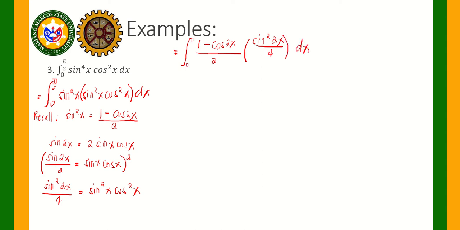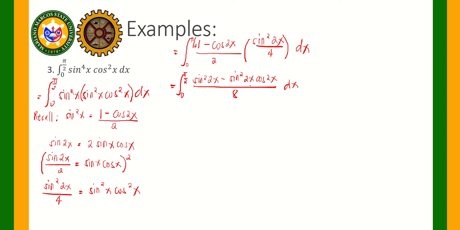And limits from 0 to pi all over 2. So, from there, simplify natin, i-multiply natin to. So, this will be equal to the integral of 1 times sine squared 2x, minus sine squared 2x cosine 2x, all over 4 times 2, that is 8, dx, limits from 0 to pi over 2.